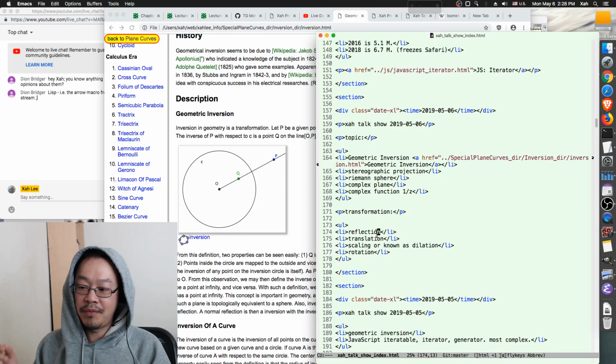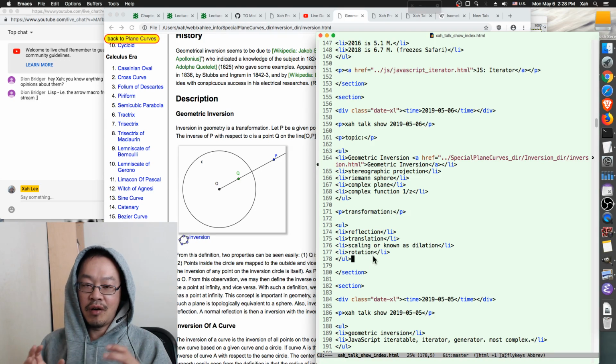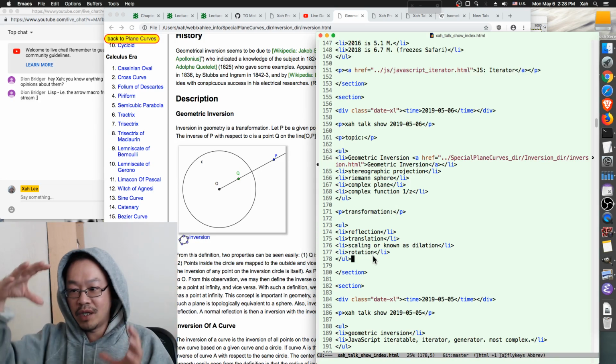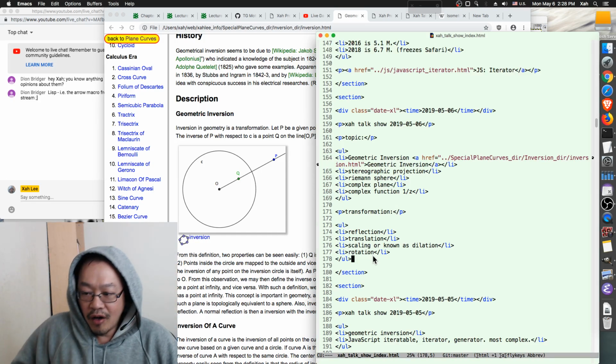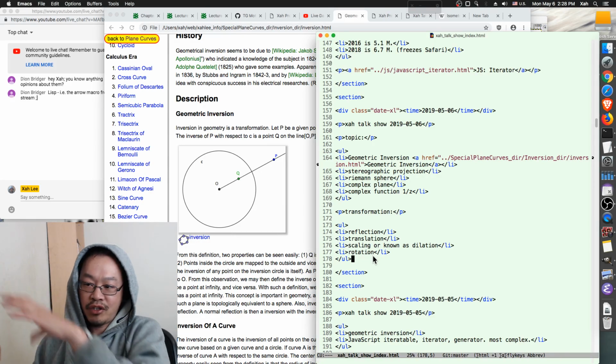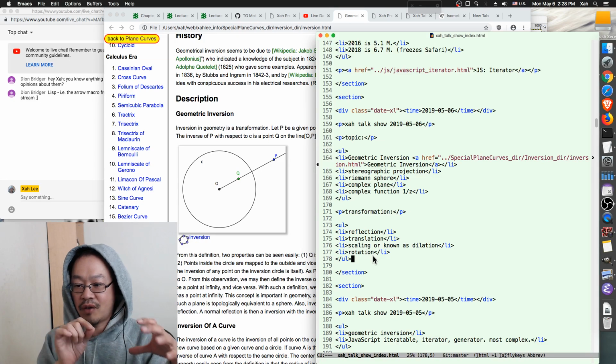Rotation is also always with respect to a number, like what degree you want to rotate. Also with respect to a center, but usually we assume it's an origin.